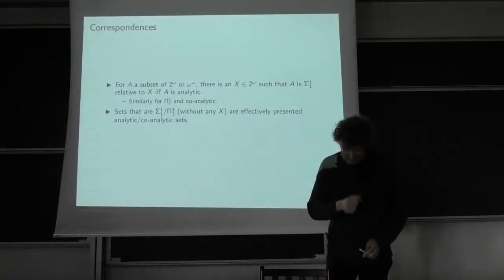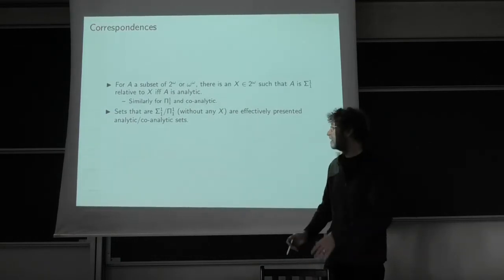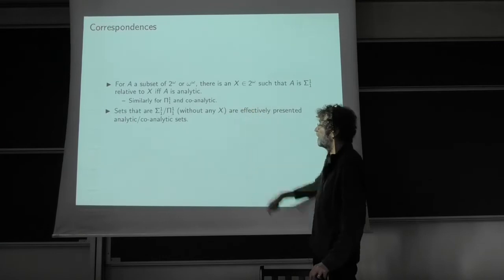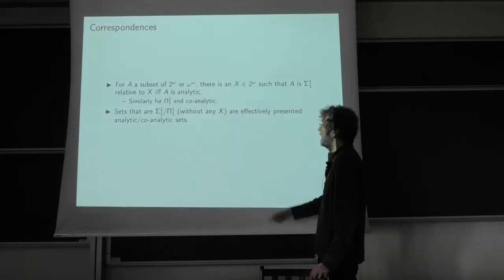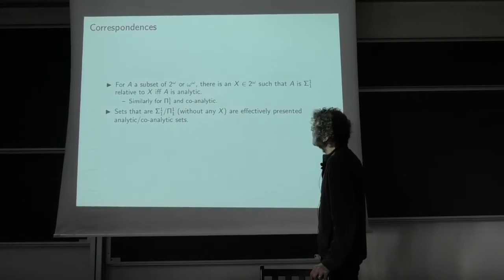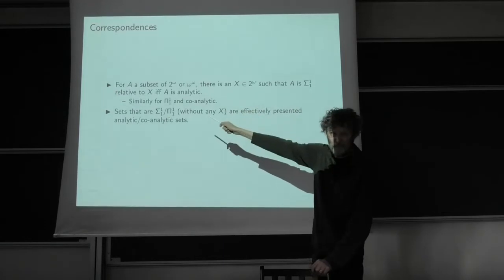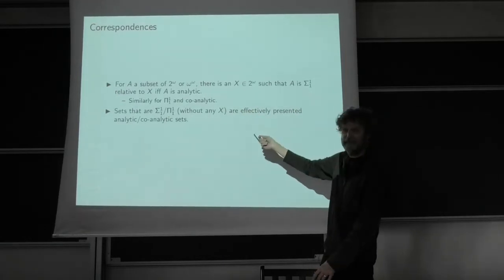All right, so as I said, if A is a subset of Cantor or Baire space or of omega, A is sigma 1, 1 relative to some real x if and only if A is analytic.